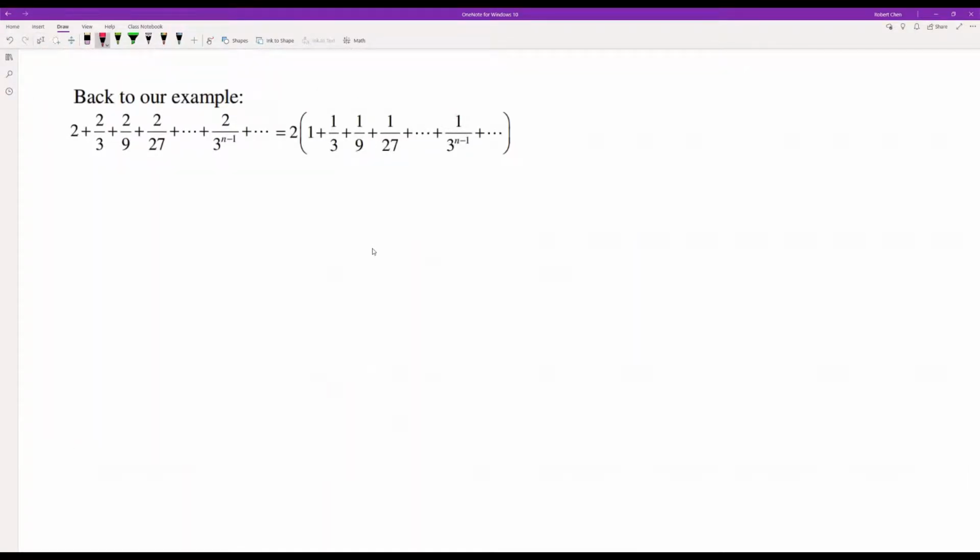We can first factor out the 2, so we have 2 times this infinite series right here. The infinite sum formula is a over 1 minus r. So a is the first term, and r is the ratio between terms.